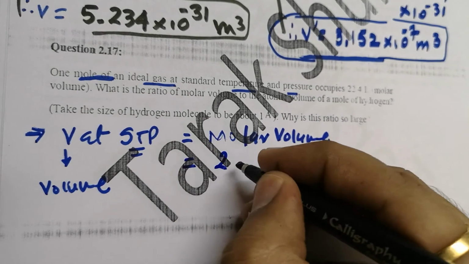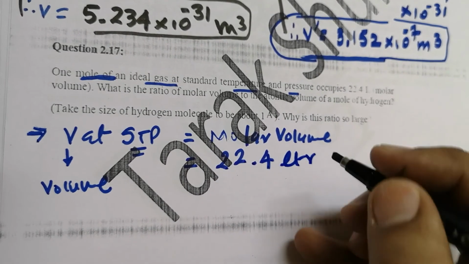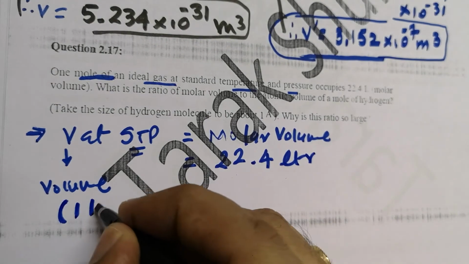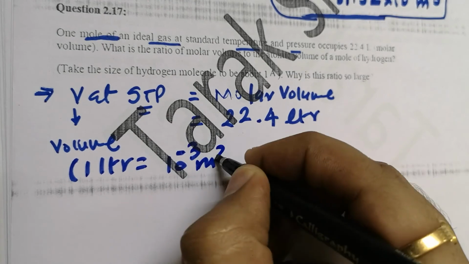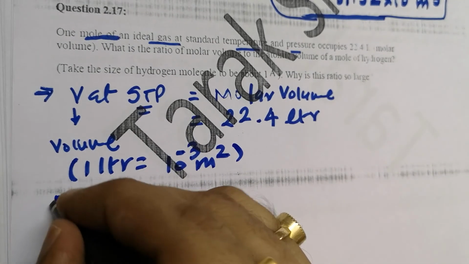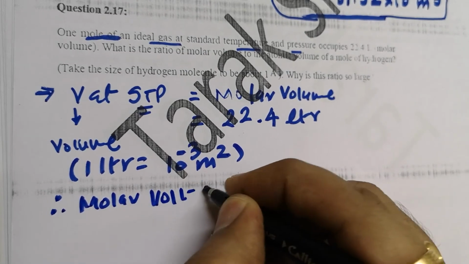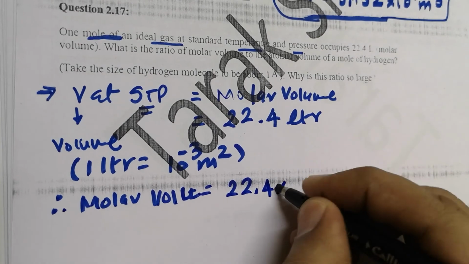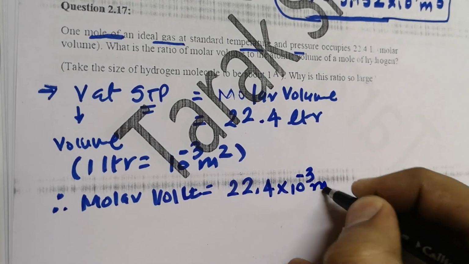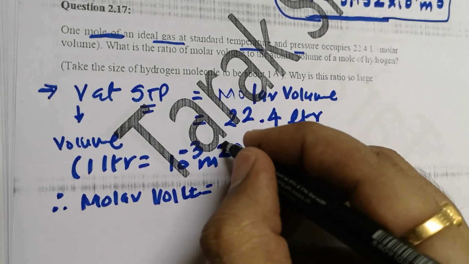It is 22.4 liters. Keep in mind, in physics 1 liter equals 10 to the power minus 3 meter square, sorry, meter cube. It is a volume, that is why meter cube. So my molar volume is 22.4 liter, converted to 10 to the power minus 3 meter cube.